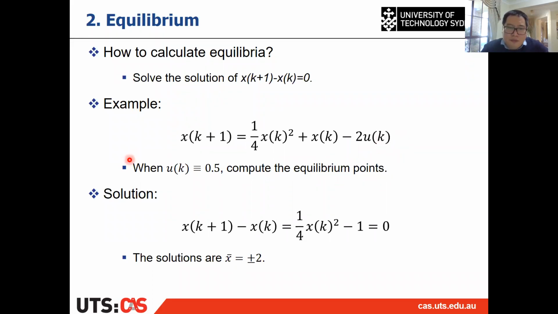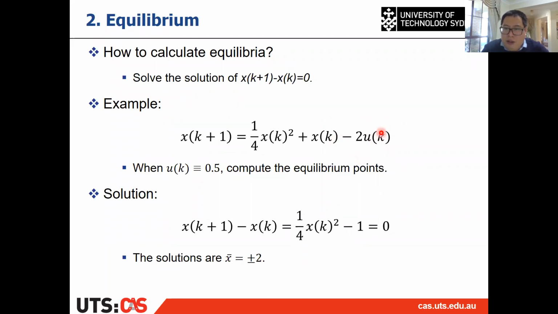And when u is constantly equal to 0.5, what are the equilibrium points? So the first thing is that for the equilibrium point, the control is given. The u is constantly equal to 0.5. Then we put 0.5 back into this equation.